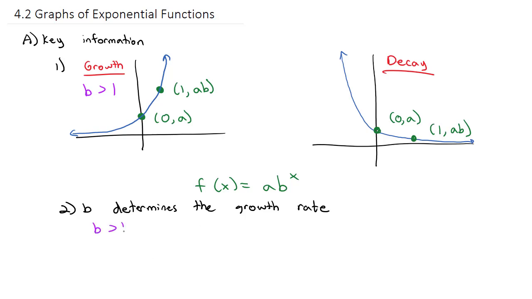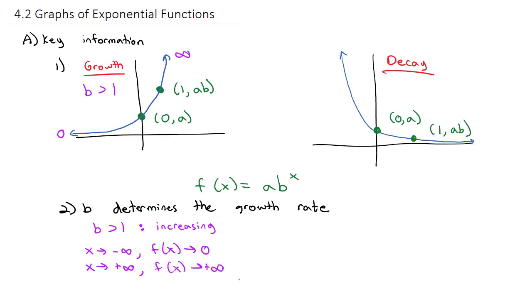If b is greater than 1, what that means is the graph is increasing. As x goes to negative infinity on the left side, we see the graph levels out at 0, f of x goes to 0 for its long-term behavior. But if x goes to positive infinity, the graph on the right side is heading off to positive infinity.